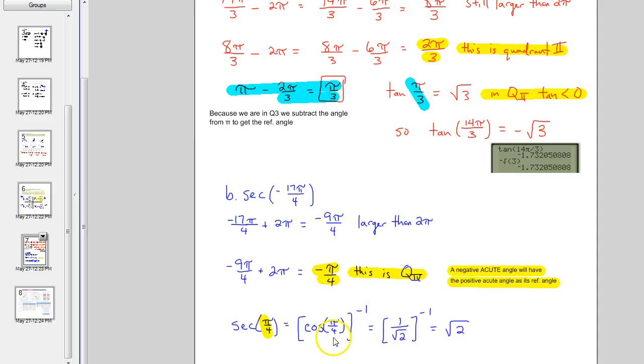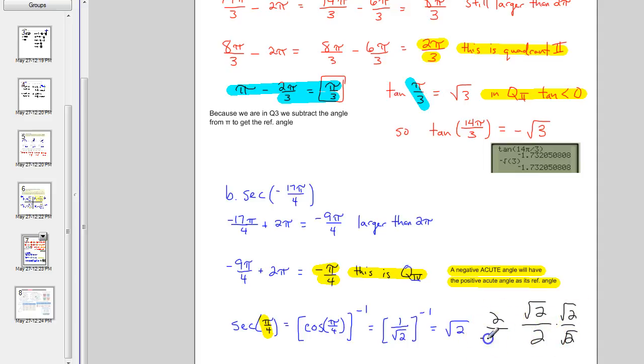So the cosine of pi over 4, you may have it on your unit circle sheet, as the square root of 2 over 2. And that is true. But this time, instead of rationalizing the numerator, we're going to rationalize the denominator. And what we end up with is square root of 2 times the square root of 2 is just 2.